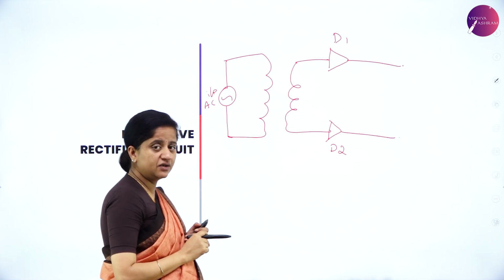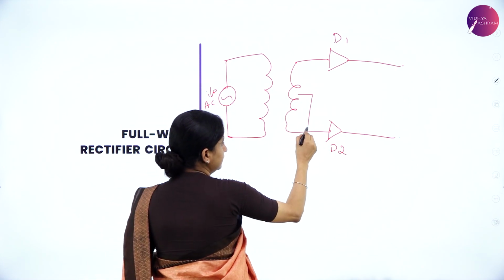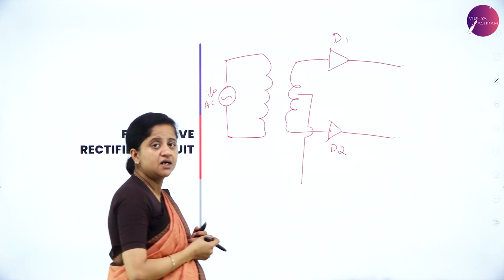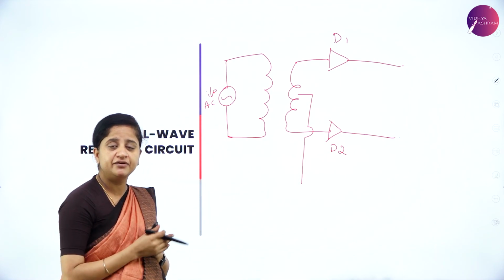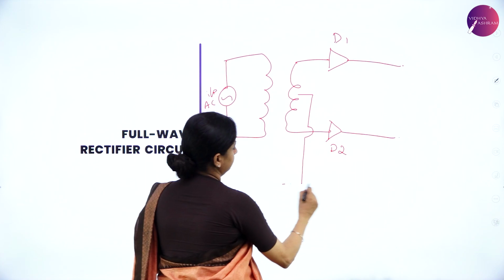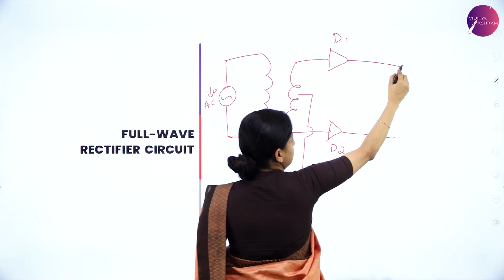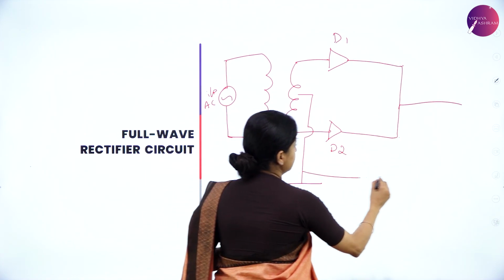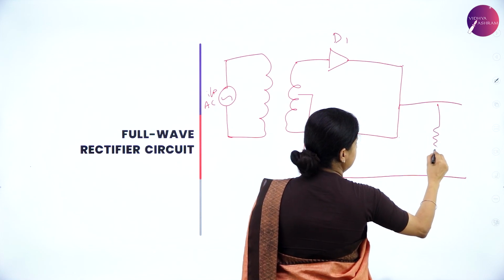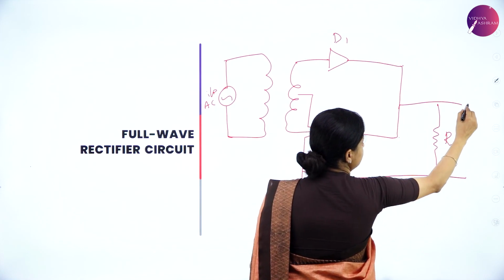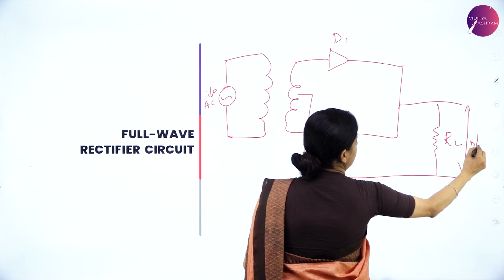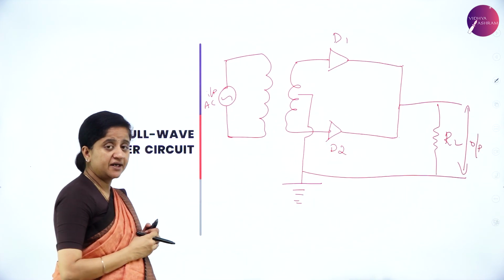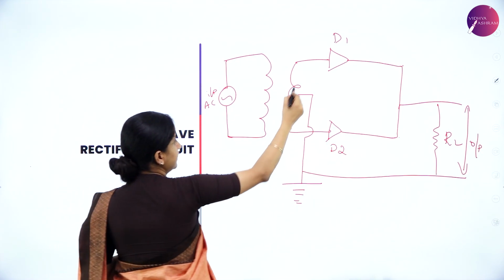So this circuit is center tapped, because the input signal will be divided for the two diodes as well. So it is grounded. Now the resistance RL is connected here, across which we are going to find the output. So this is the circuit diagram for the full wave rectifier.